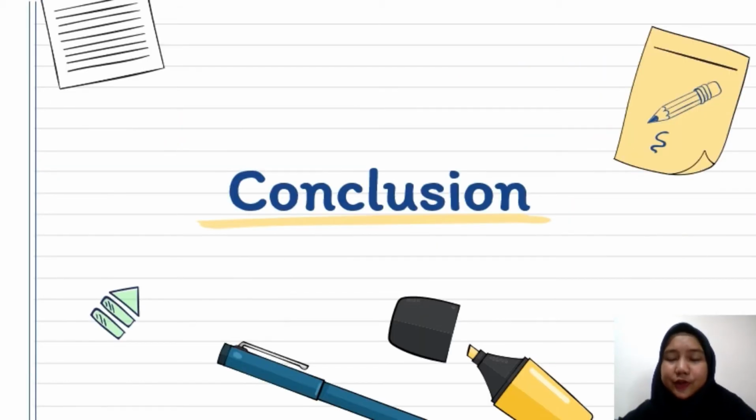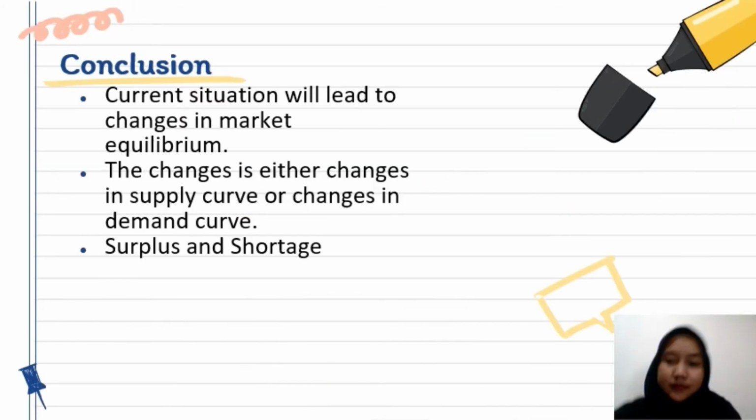Okay, now for the conclusion. The first one is the current situation related to changes in market equilibrium, and the changes are either changes in the supply curve or changes in the demand curve. So of course, the changes in market equilibrium are affected by what situation occurs at that time.